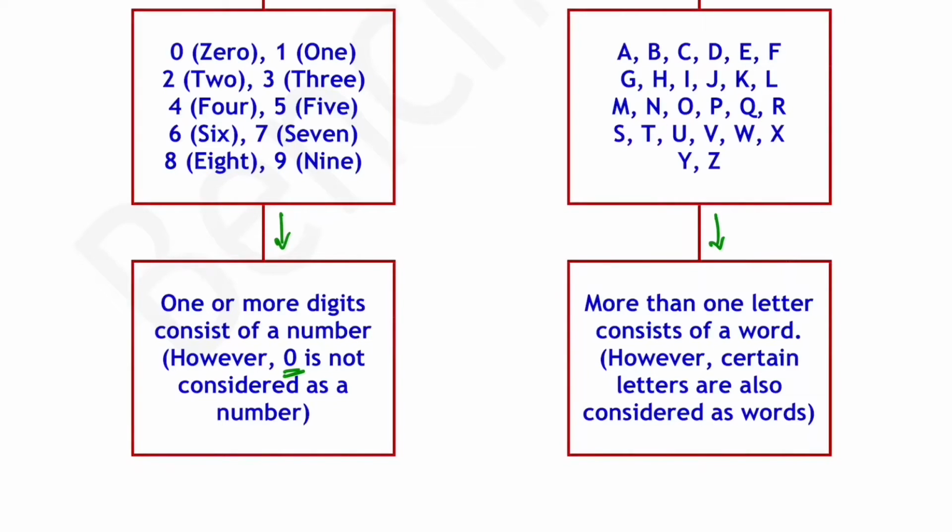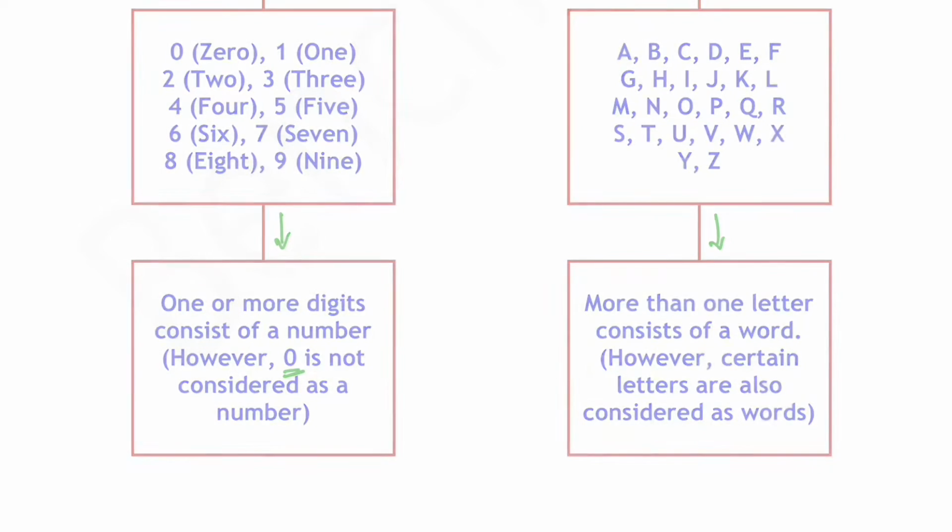However, there are certain letters that are also considered as words. For example, if you say "I went to school", the I is just a letter, but it is considered as a word. In "once upon a time", that's just a single letter A in between, but it is considered as a word.